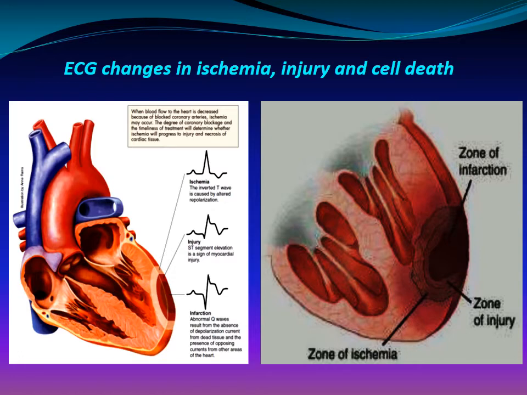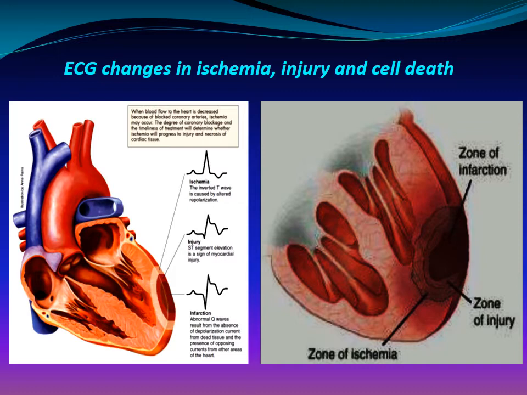ECG changes in ischemia, injury and cell death. When blood flow to the heart is decreased because of blocked coronary arteries, ischemia may occur. The degree of coronary blockage and the timeliness of treatment will determine whether ischemia will progress to injury and necrosis of cardiac tissue.